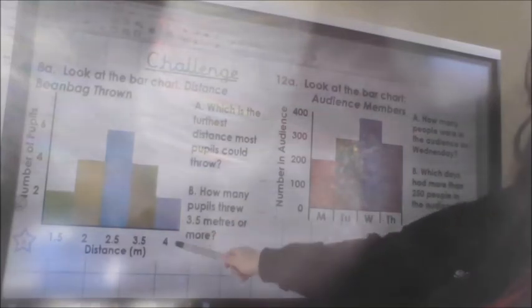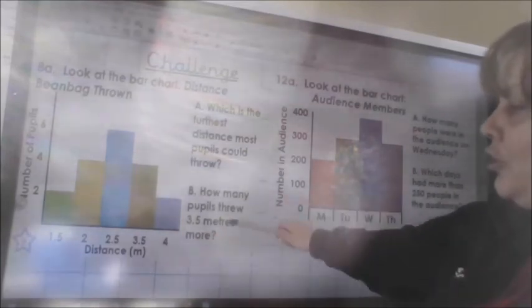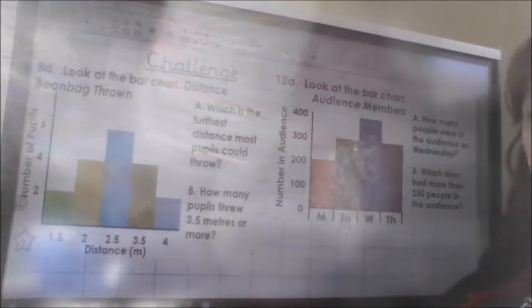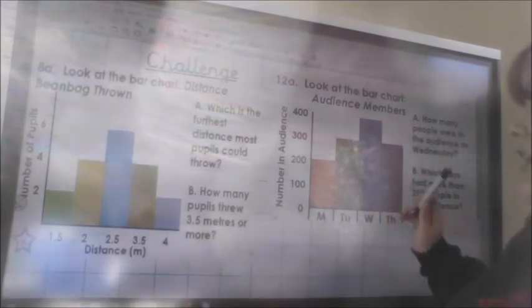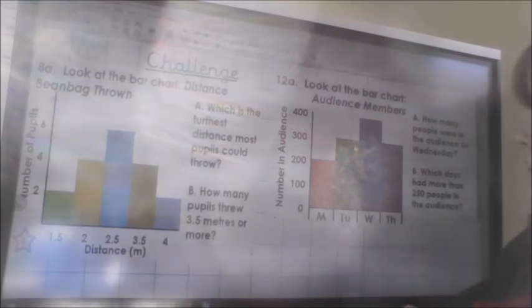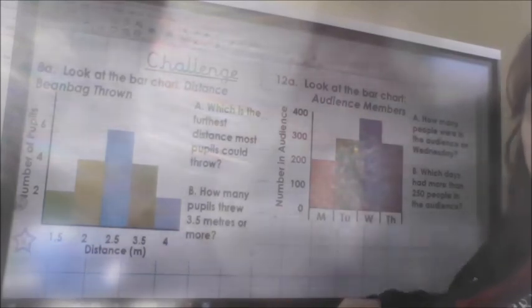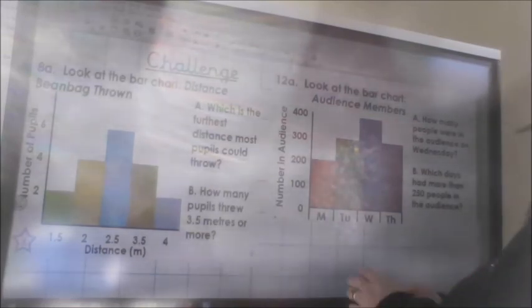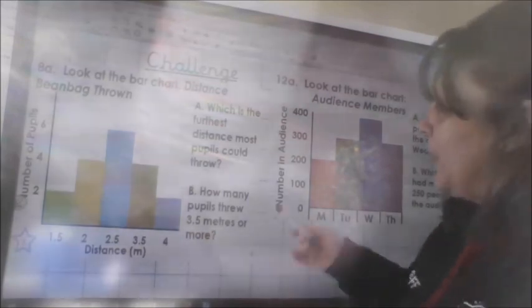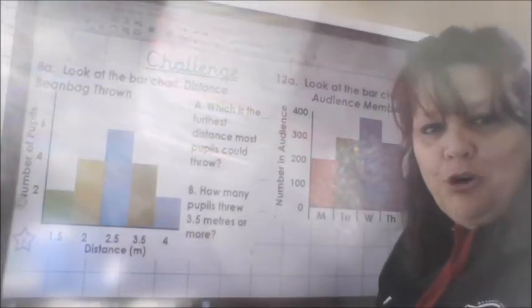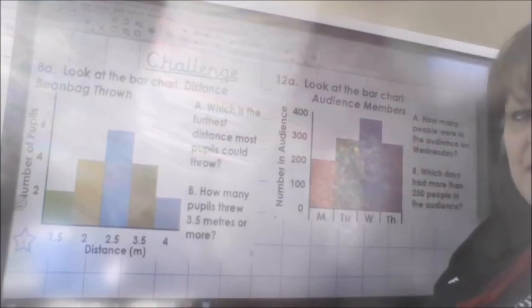So you will need to pause the video, have a look at the questions and answer them, okay? They're just getting you to look at diagrams, bar charts, that little bit more carefully, okay? So again, you'll answer this one in your purple book. Book 4, page 38, you'll do obviously in the book, but this one you'll need to do in your purple book again.